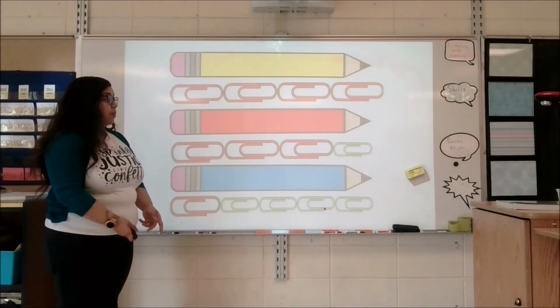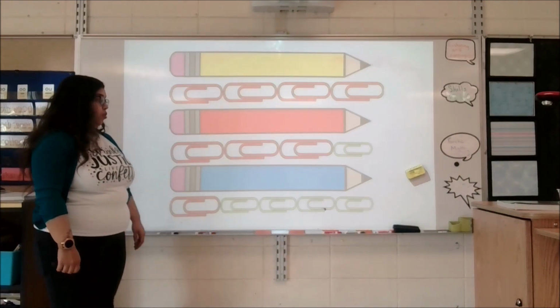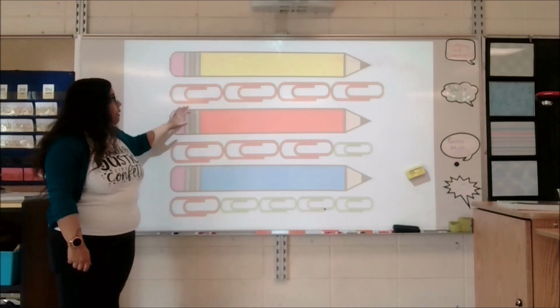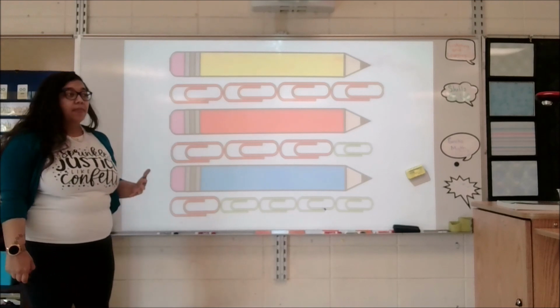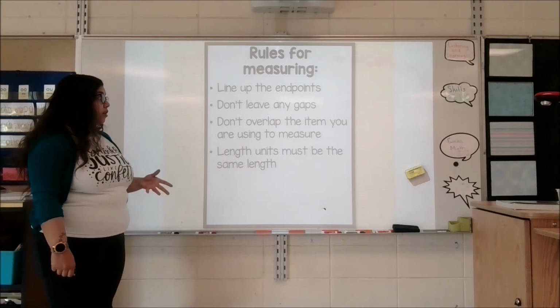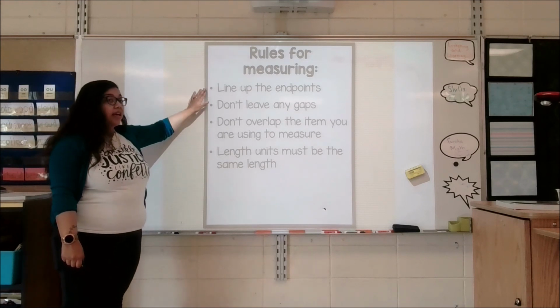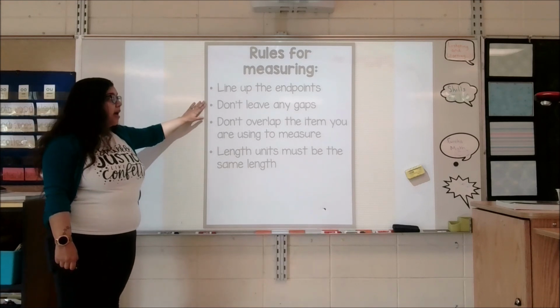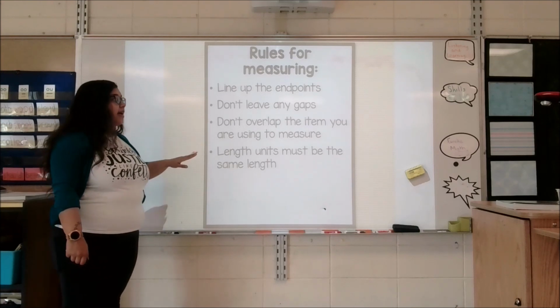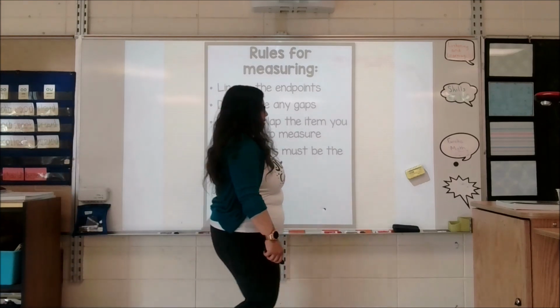Honestly, I think for these pencils, little green paper clips will work better. But what we see is my measurements, even though these pencils all match, don't come out the same because I'm using mismatched tools, and that's against the rules. So what we have to do, line up the endpoints, don't leave any gaps, don't overlap the item you're using to measure, and length units must be the same length.